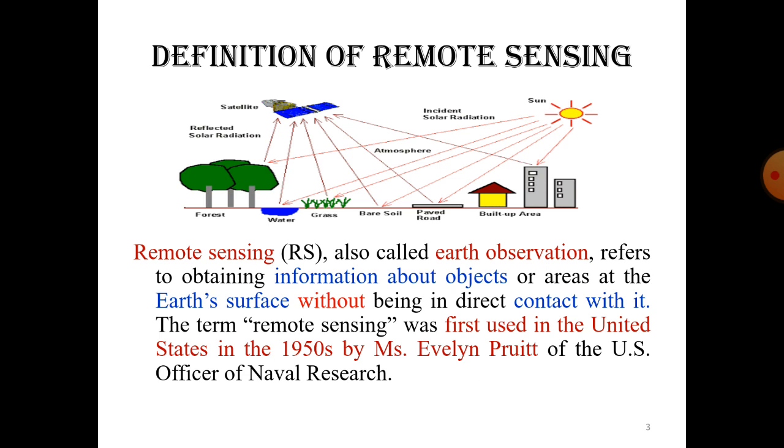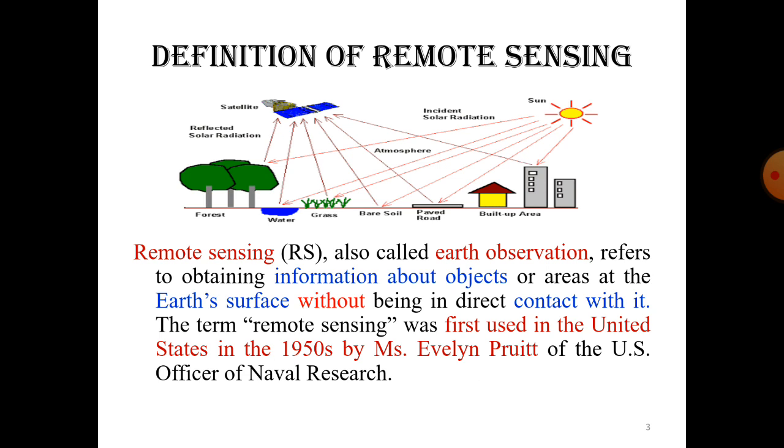Remote sensing is therefore defined as a scientific technique of obtaining information about an object or a process that takes place on Earth without being in contact with the object.